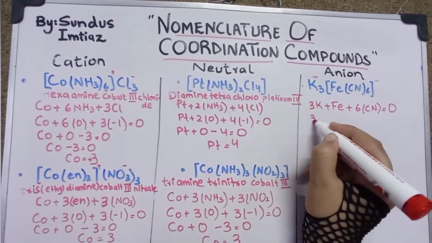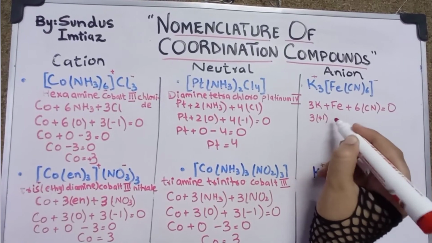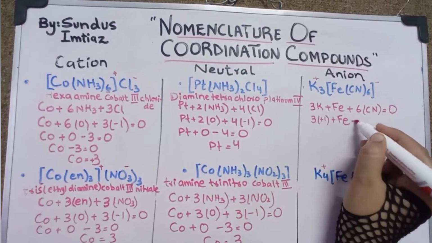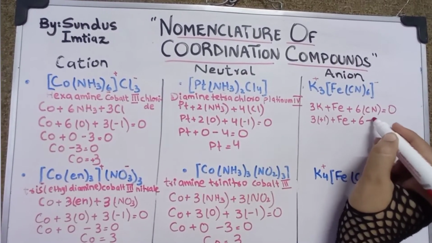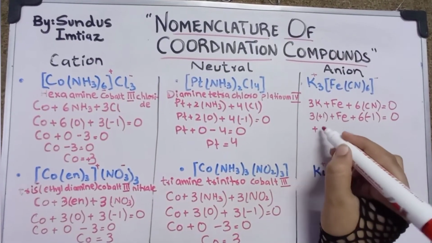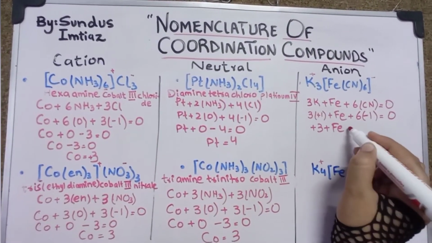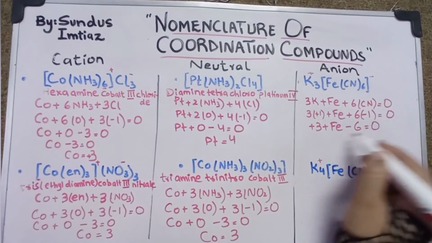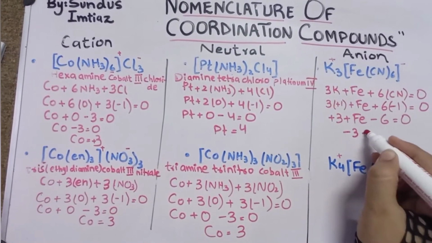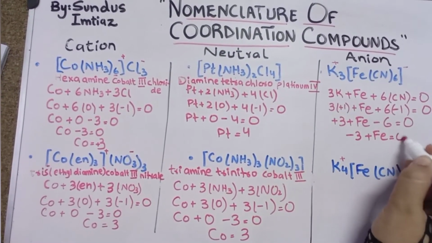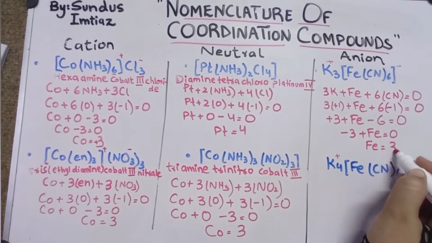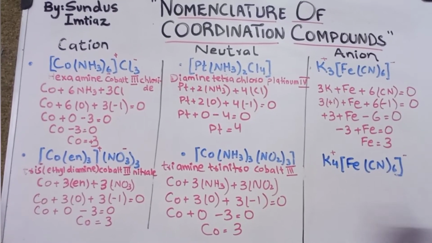Then 3 times plus 1 plus Fe, because potassium has positive 1 charge and cyanide has negative 1 charge, is equals to 0. Then plus 3 plus Fe minus 6 is equals to 0. Minus 3 plus Fe is equals to 0. This 3 will move to that side and Fe will be plus 3, meaning Fe has 3 charge.